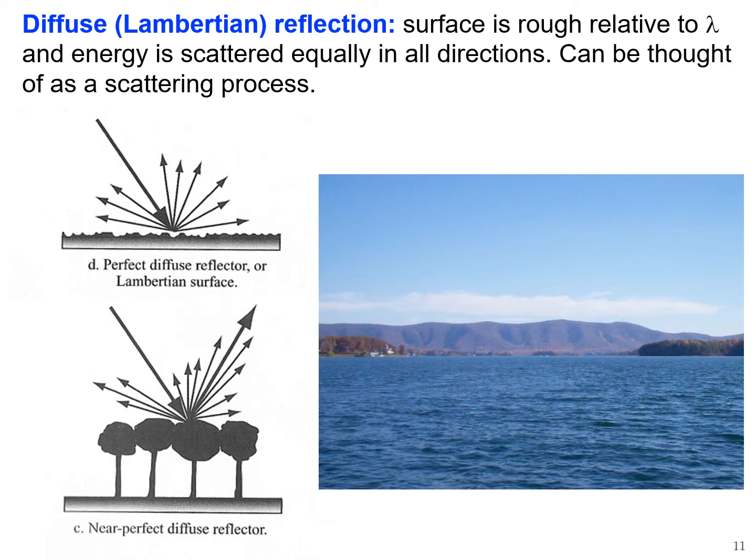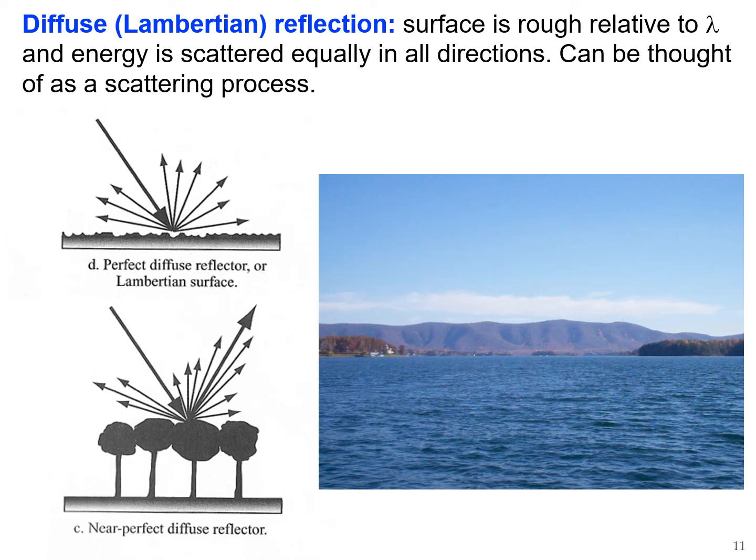Diffuse or Lambertian reflection is when you have a surface that's rough relative to the wavelength, and then the energy is going to be scattered equally in all directions. So this is when it's equally in each direction, you could think of it as scattering, okay? You can see there the point that's labeled D, that would be a perfect diffuse reflector or Lambertian surface.